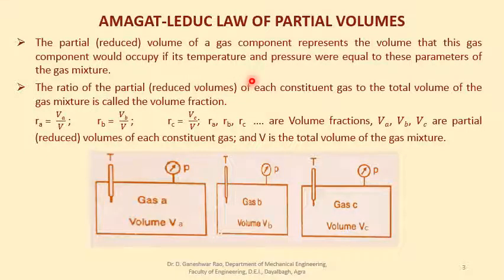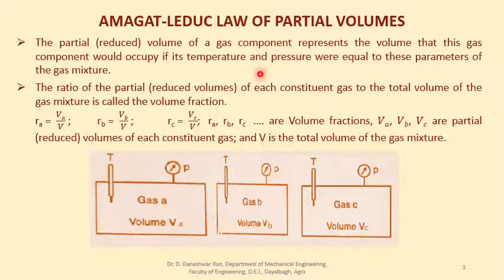While discussing Dalton's law of partial pressures, we assumed that each component of the gas mixture is filled in the same volume and at the same temperature, and then pressure was measured in each case, and it was assumed that Pa, Pb, Pc, etc. are the pressures in each case, and the sum of those pressures was called the total pressure of the mixture of gases.